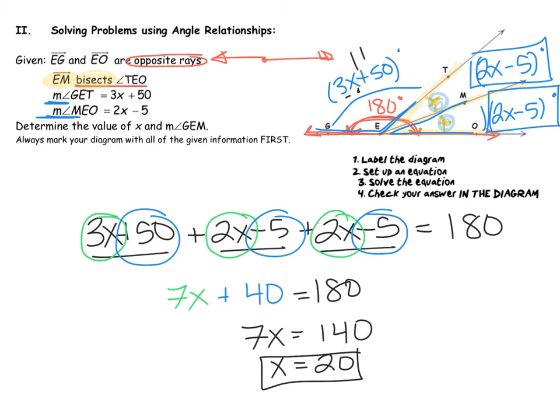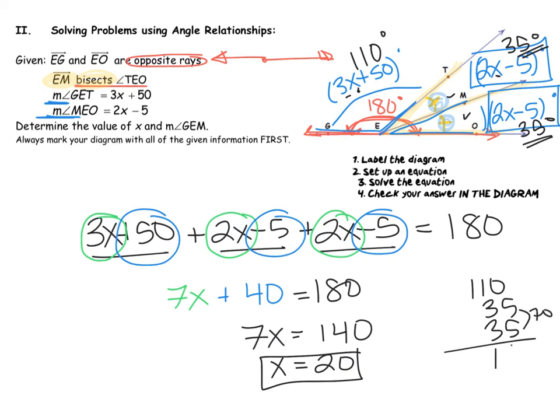Plus 50 is 110 degrees. 2 times 20 is 40 minus 5 is 35 degrees. And again, 2 times 20 minus 5 is 35 degrees. 35 and 35, those are the same, so I get my congruent angles. 110 plus 35 plus 35, that's 180, which was my second condition. So now I feel confident that I have found the value of x.